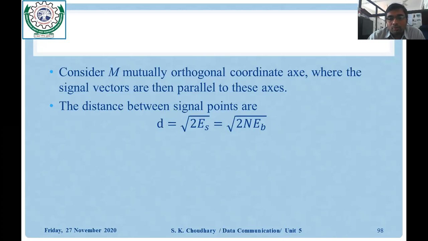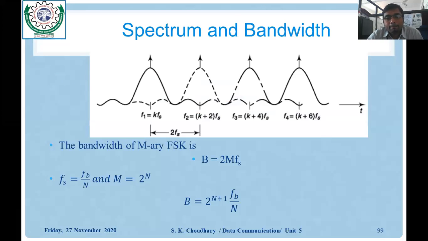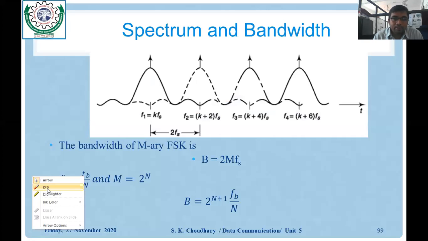Similarly, we can also find out the bandwidth of the M-Array FSK. So see the bandwidth here through the spectrum representation of the M-Array FSK. This is the spectrum of the M-Array FSK, and from this spectrum you can see that each lobe is centered at a frequency.